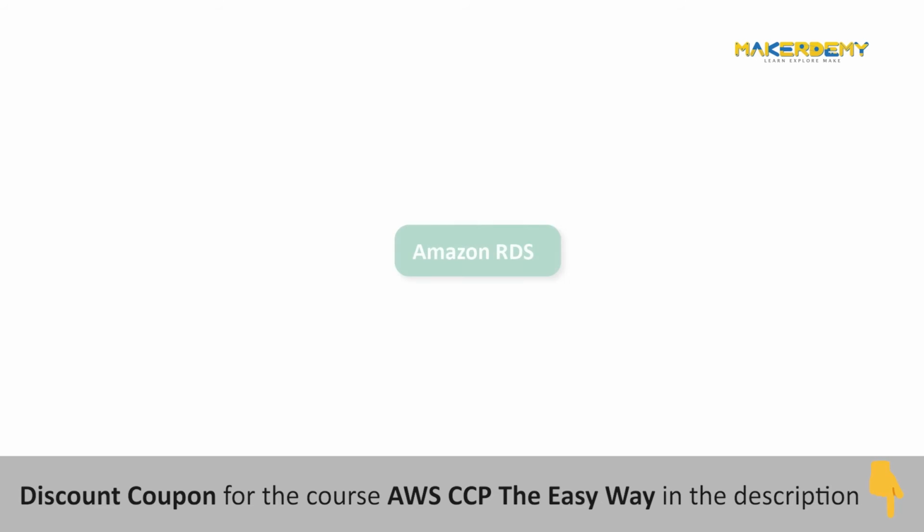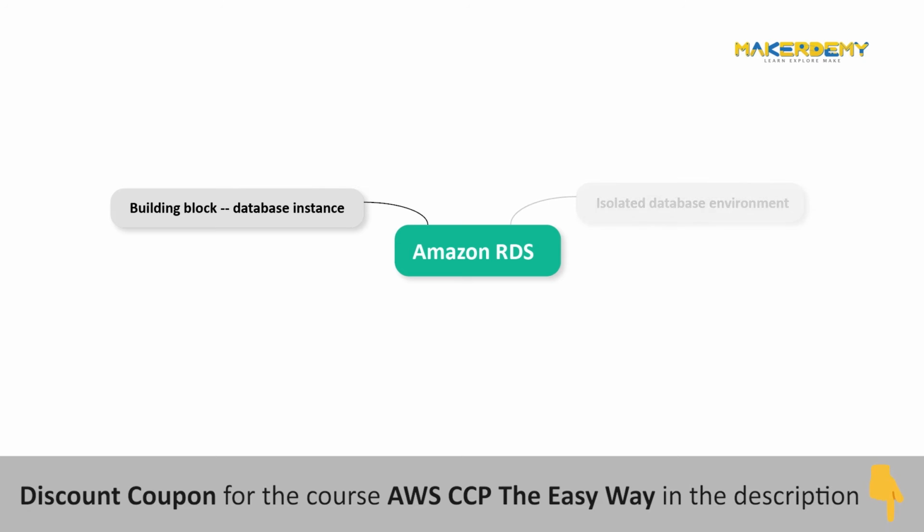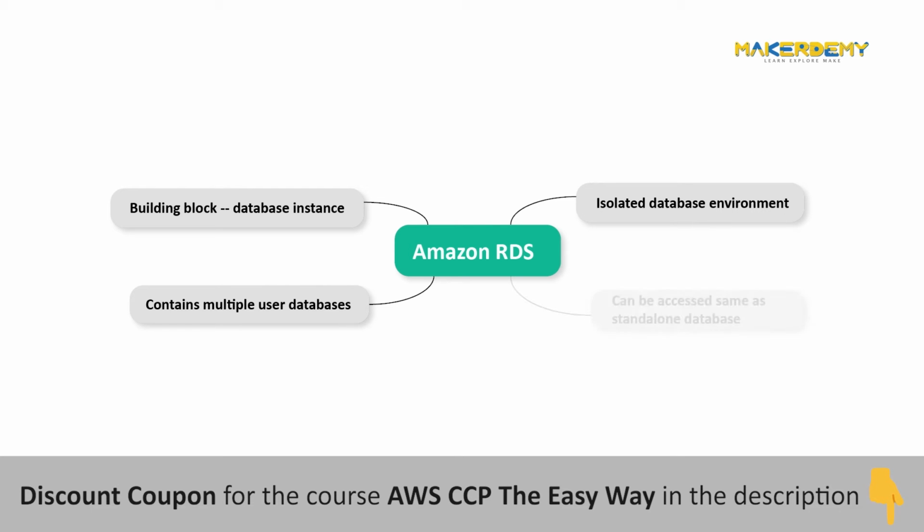Now let's learn more about how to use Amazon RDS. The basic building block of Amazon RDS is the database instance. It is an isolated database environment that can contain multiple user-created databases and can be accessed by using the same tools and applications that you use with a standalone database instance.